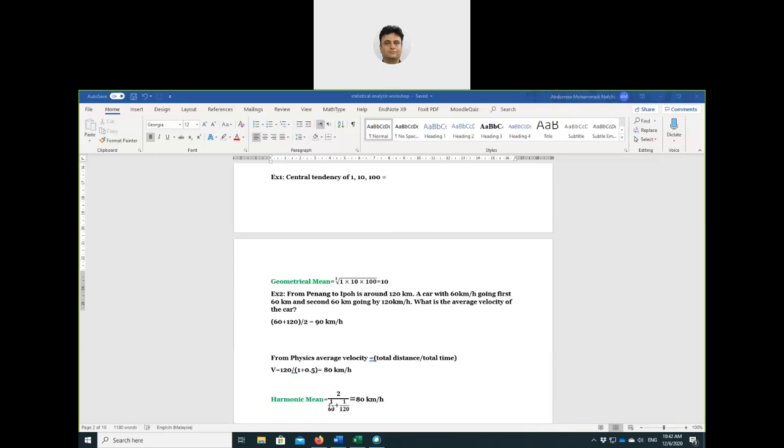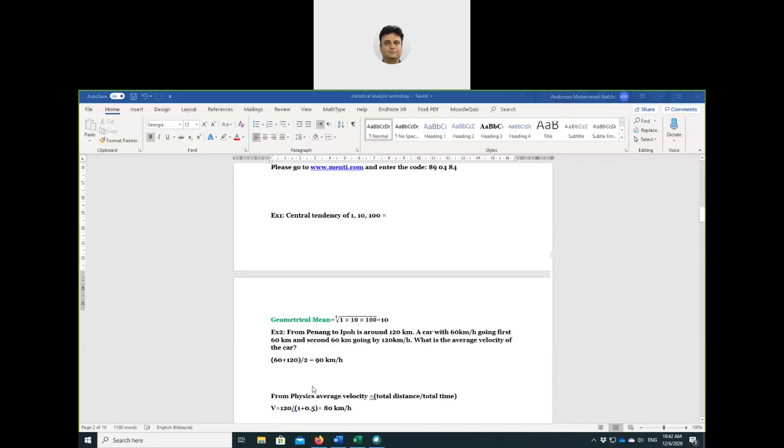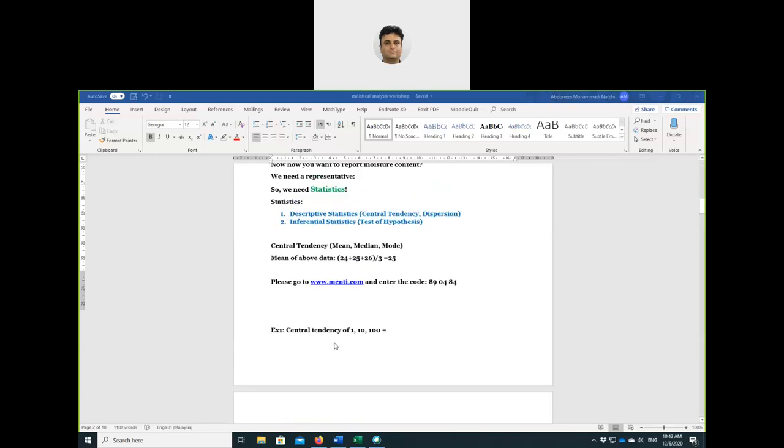So in this case, we have three different types of mean. We have the arithmetic mean, if the data is changing in a small interval.